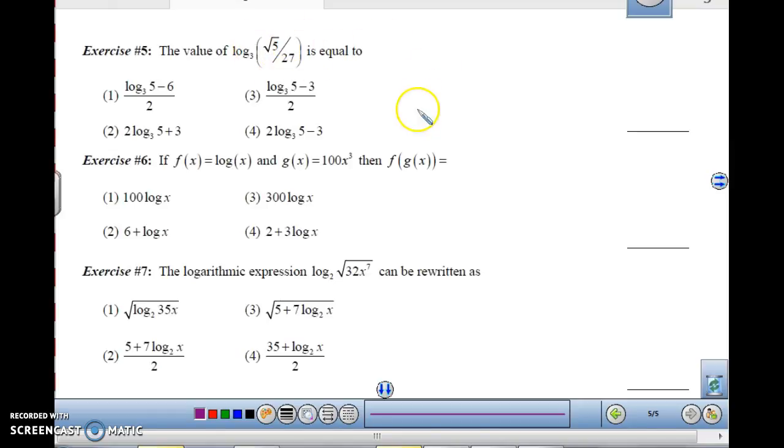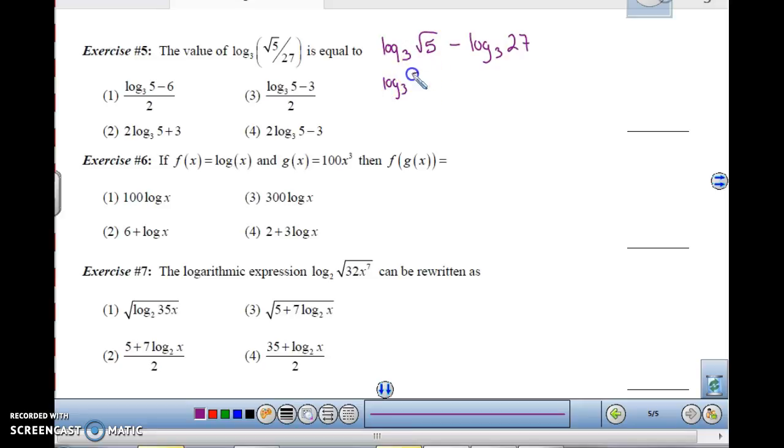Overall, again, it's a quotient, so that means we're going to have to subtract. So that's going to be log to the base 3 of the square root of 5 minus log to the base 3 of 27. Okay, now, I need this to be an exponent, so again, the square root of 5 would be 5 to what power?